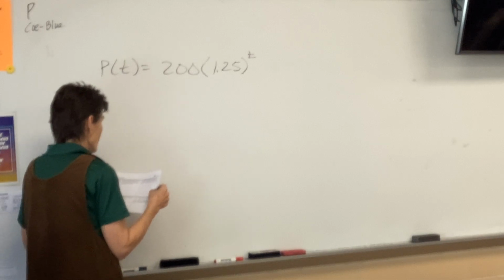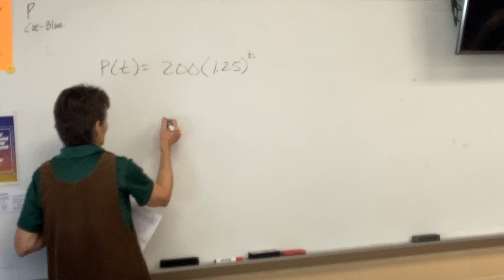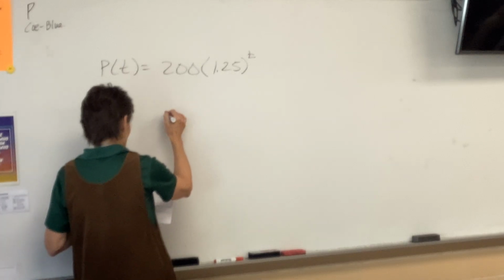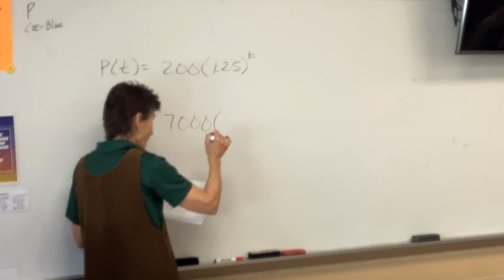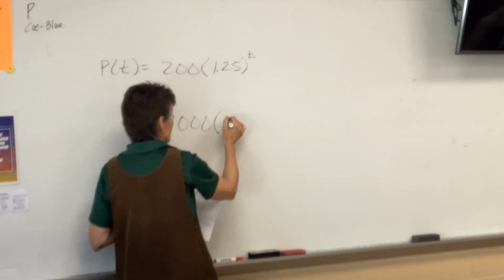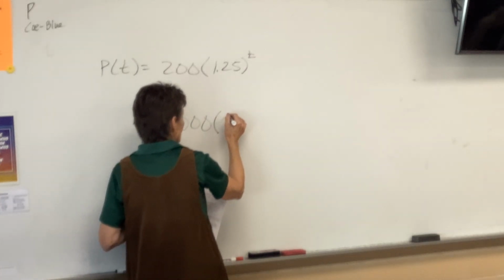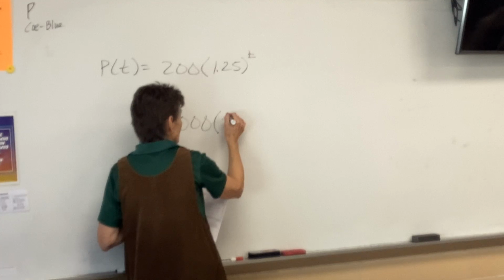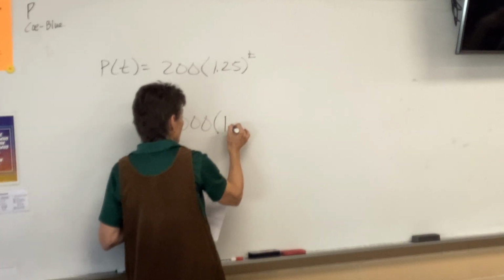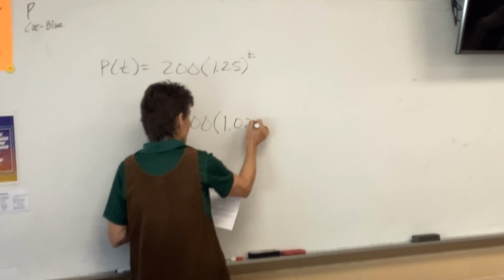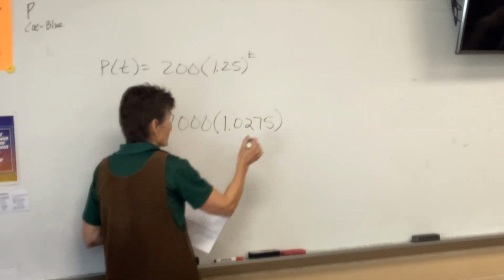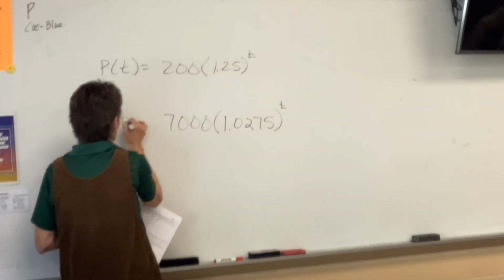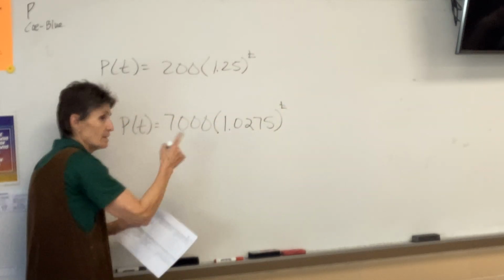So, what's that one gonna look like? 7,000 times what's my ratio here? 1.0275. So this would be my formula right here.